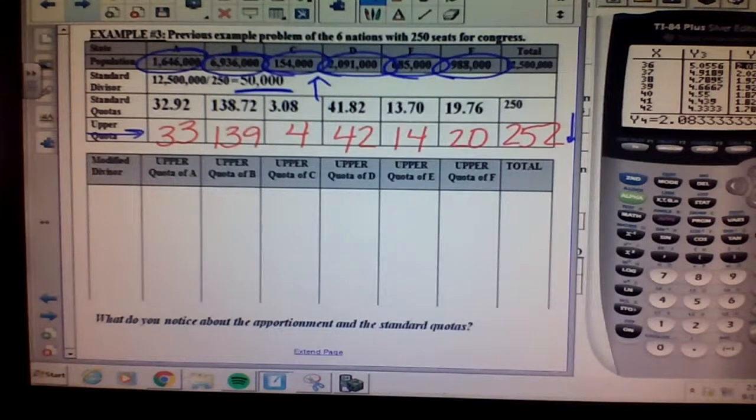I started at 30 something. That's enough to give you 250. I don't see that thing. That's supposed to be your modified. I got it.